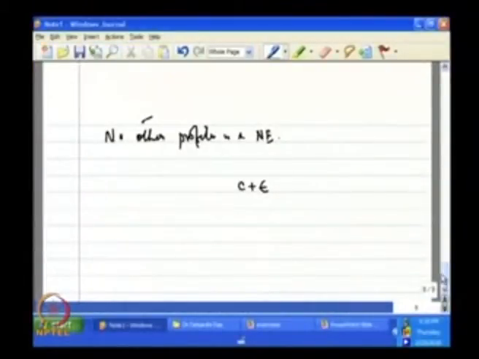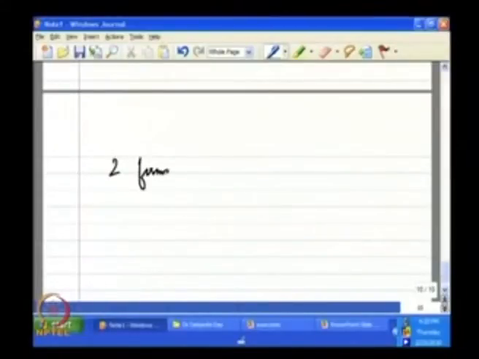What we have is that two firms are there, 1 and 2, with costs C1 and C2. C1 is less than C2, which means firm 1 is more efficient than firm 2. It can produce goods at a lesser cost.